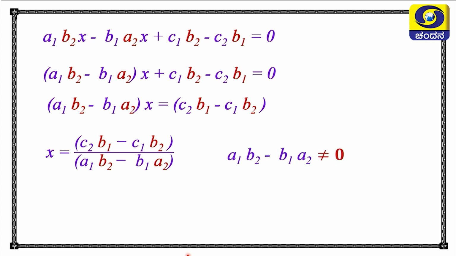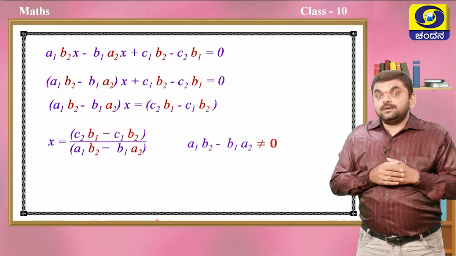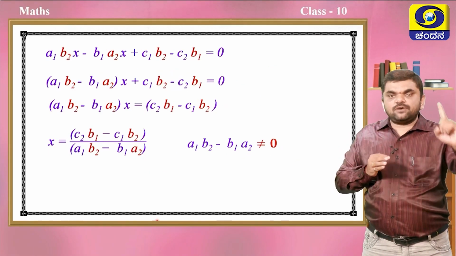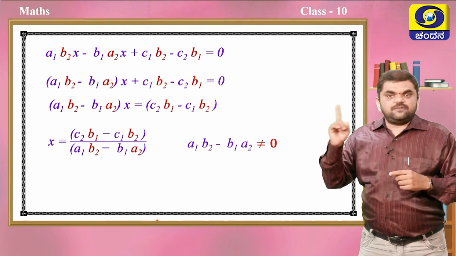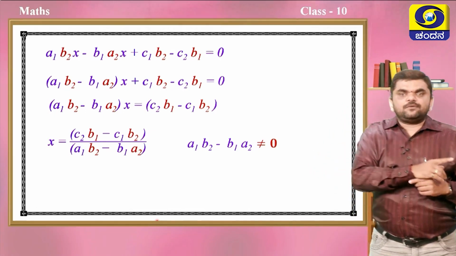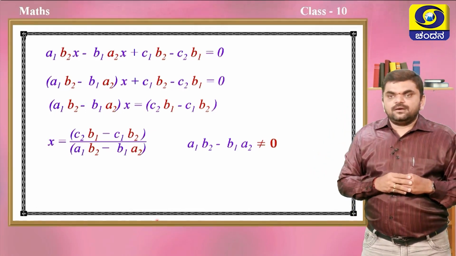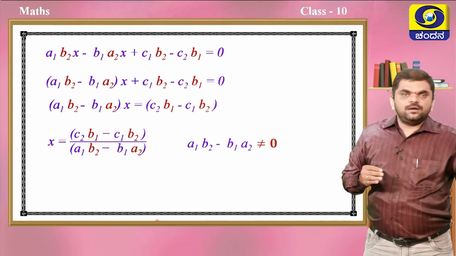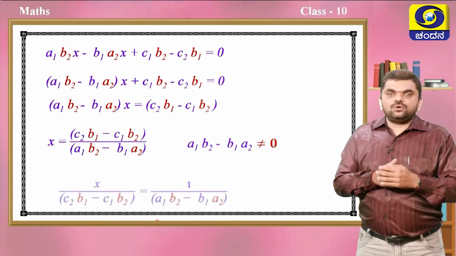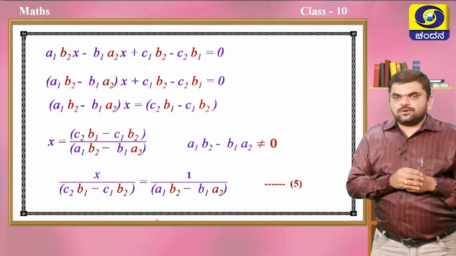This we will get as the value of x here, children, provided there is one condition. What is that condition? a1 b2 minus b1 a2 should not be equal to 0. If it becomes 0, the answer itself goes undefined. So it should not be equal to 0.